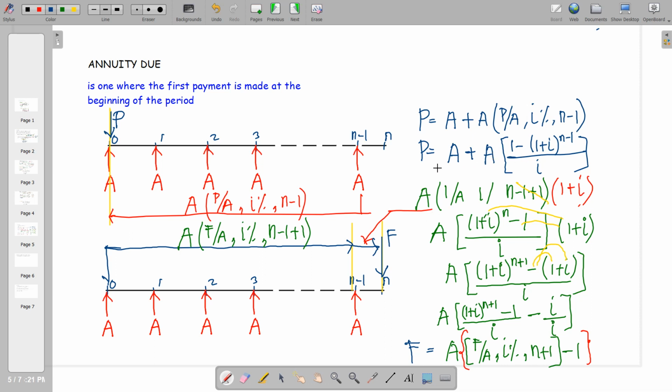As long as you know the ordinary annuity, just stick to the ordinary annuity if you do not want to memorize this formula. Just stick to the ordinary annuity formulas and just add additional annuities that are coinciding with your reference timeline. Okay, so we'll have examples now.